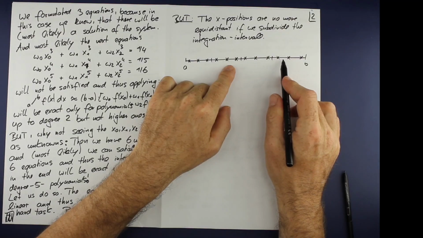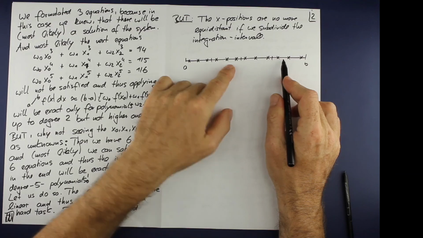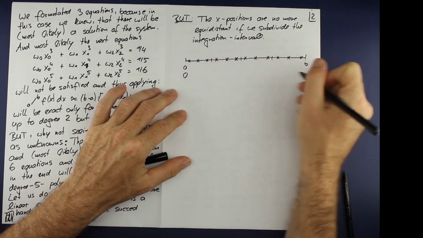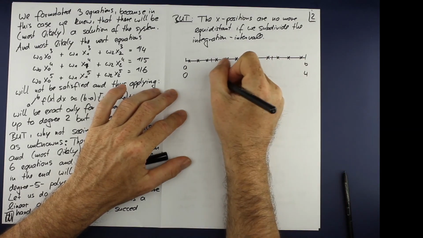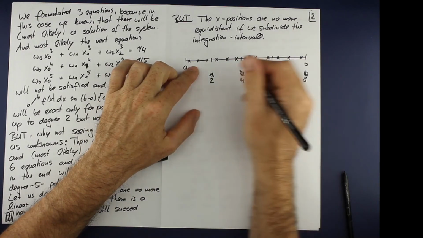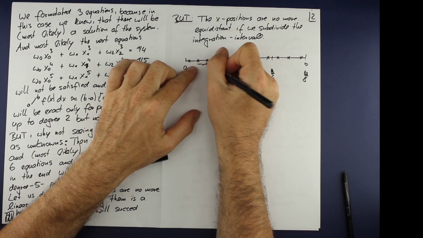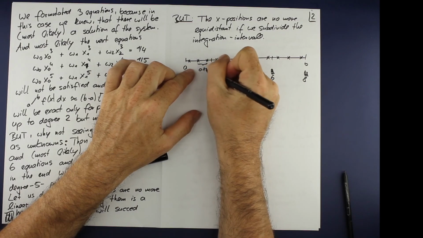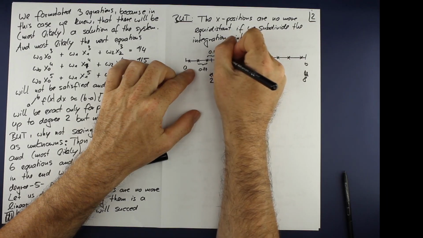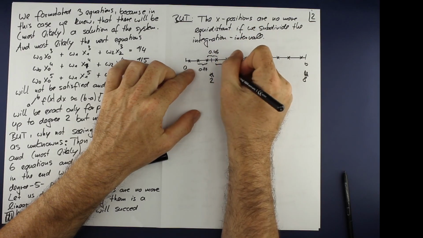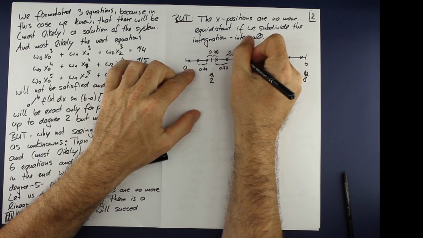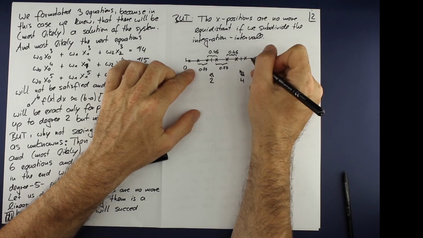And now these distances are no more the same. So let's say if this is 0 and this is 4, this is 1, this is 2, and this is 3, then this distance is 0.77 and this distance is 0.48. This distance is 0.77 and this distance is 0.46, and so on.